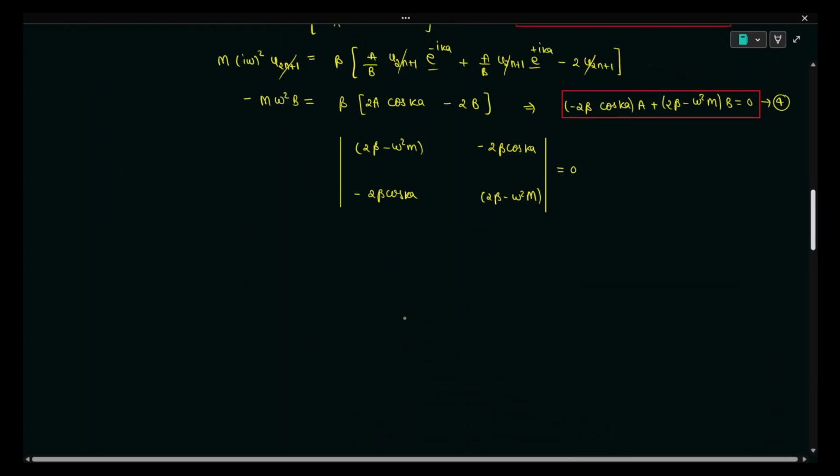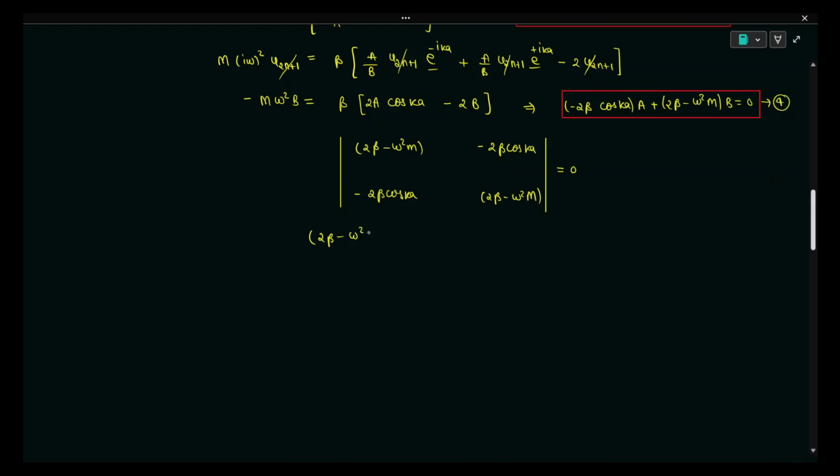So let's try to calculate the determinant for this. Then we will get 2 beta minus omega square small m, then 2 beta minus omega square capital M, minus 4 beta square cos square ka. So that should be 0 to give a non-zero solution for a and b.